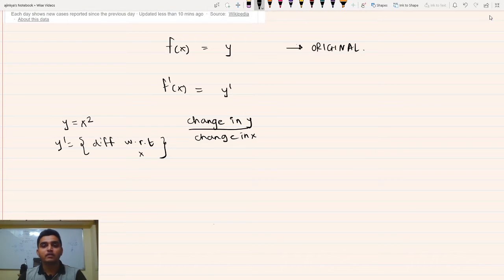So when you have a slope, which is the differentiation, you will have a particular type of function which is the derivative of it. The process of getting from the original function to the first derivative, this is the first derivative, isn't it?